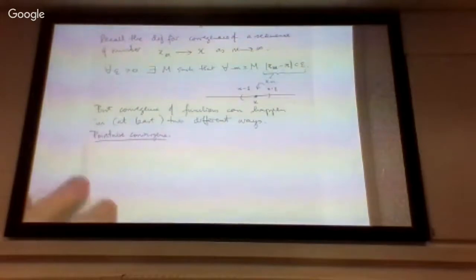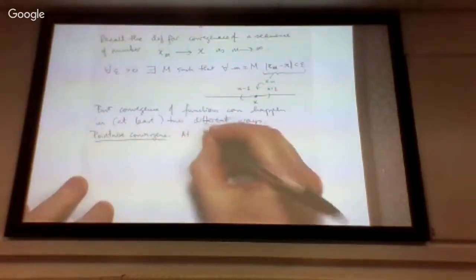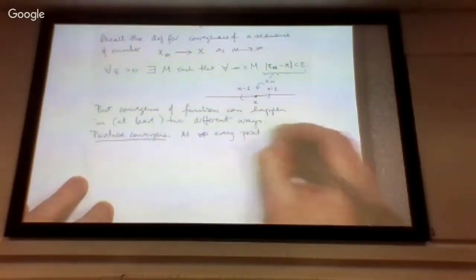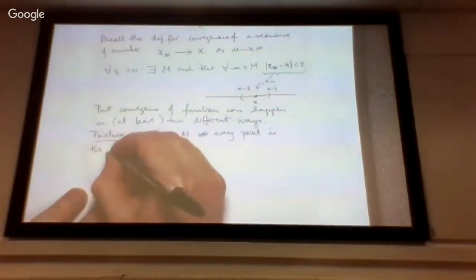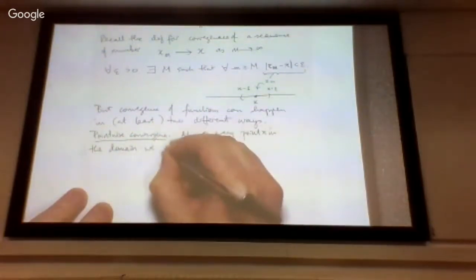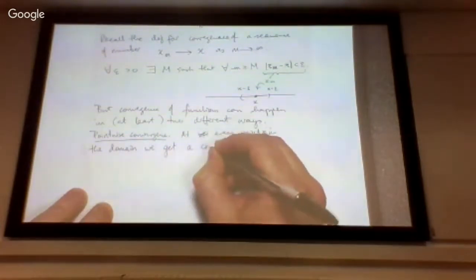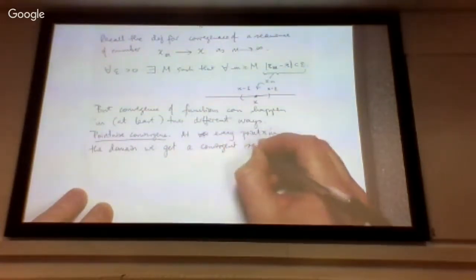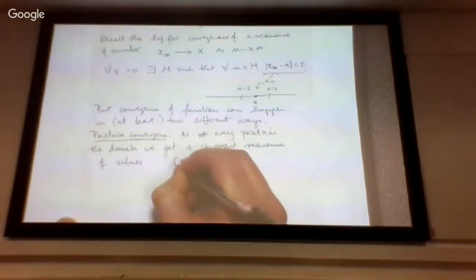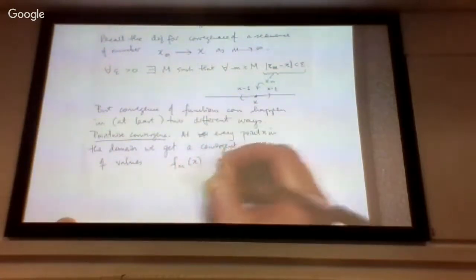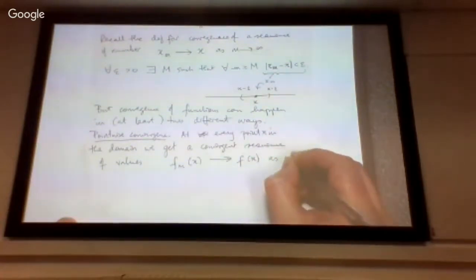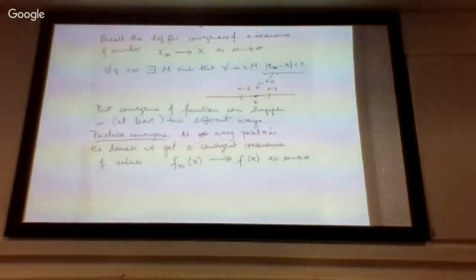The pointwise convergence says that at every point x in the domain, we get a convergent sequence of values f_m(x) converging to f(x) as m goes to infinity.